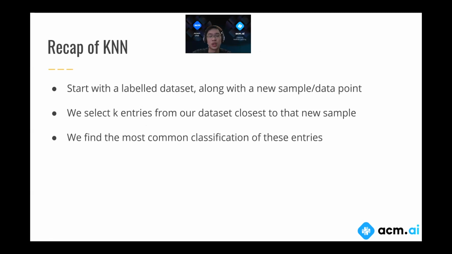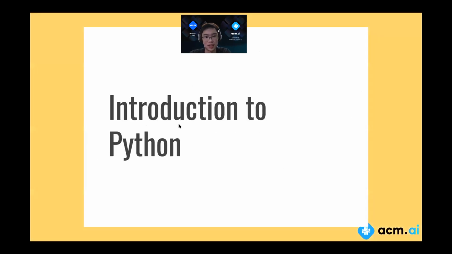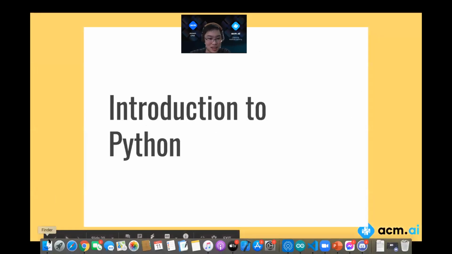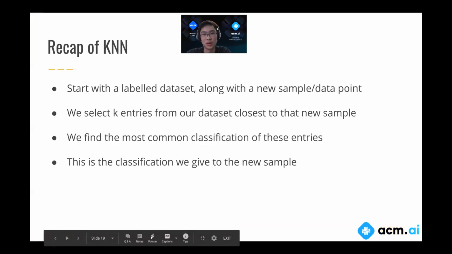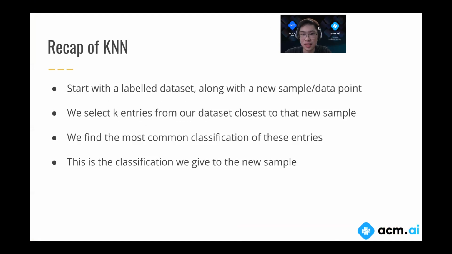And then we find the most common classification out of these K entries. And this is the classification that we give to the new sample. All right, so that's basically what we went over for KNN.